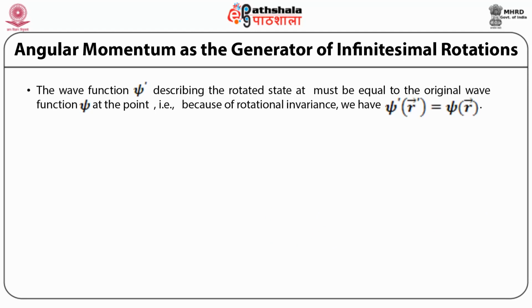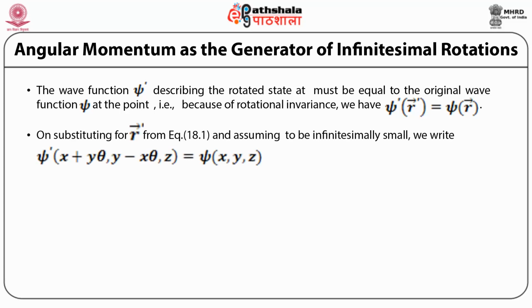The wave function psi describing the rotated state should be equal to the original wave function psi at the point. That is, because of rotational invariance, we have psi prime of vector r prime equal to psi of vector r.